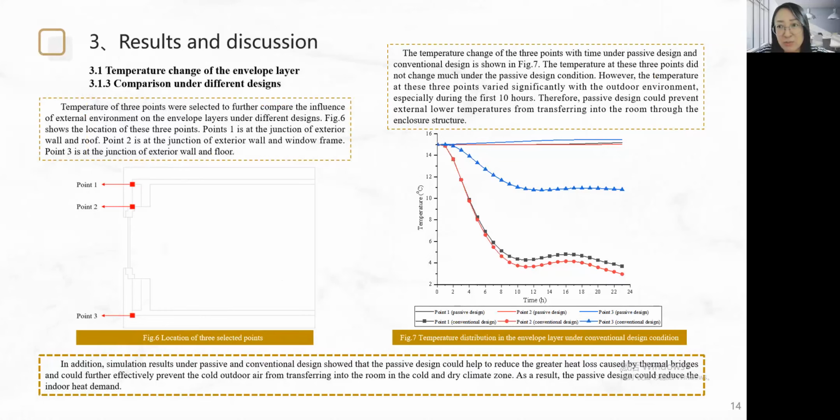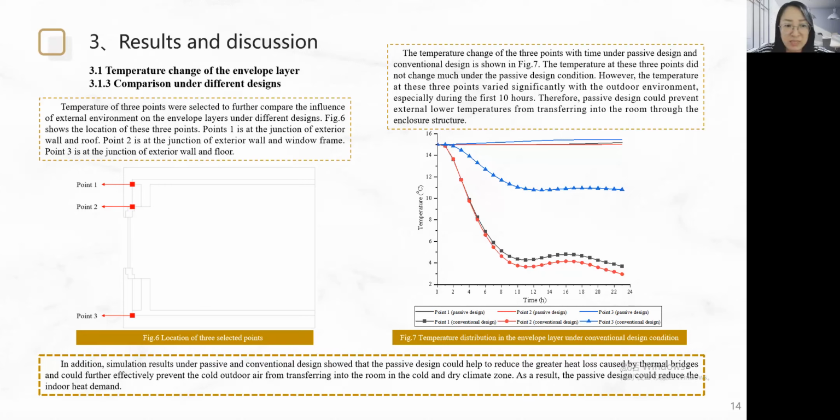The temperature at these 3 points did not change much under the passive design condition. However, the temperature at these 3 points varied significantly with the outdoor environment, especially during the first 10 hours. Therefore, passive design could prevent external lower temperatures from transferring into the room through the enclosure structure.